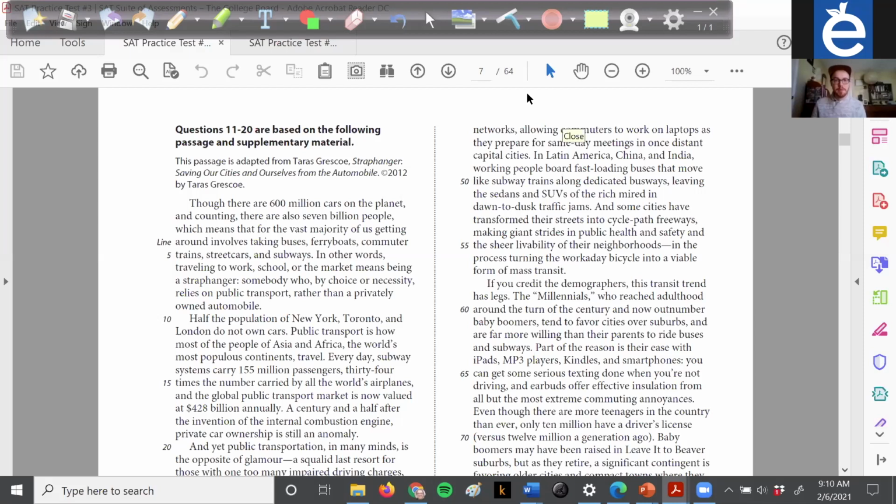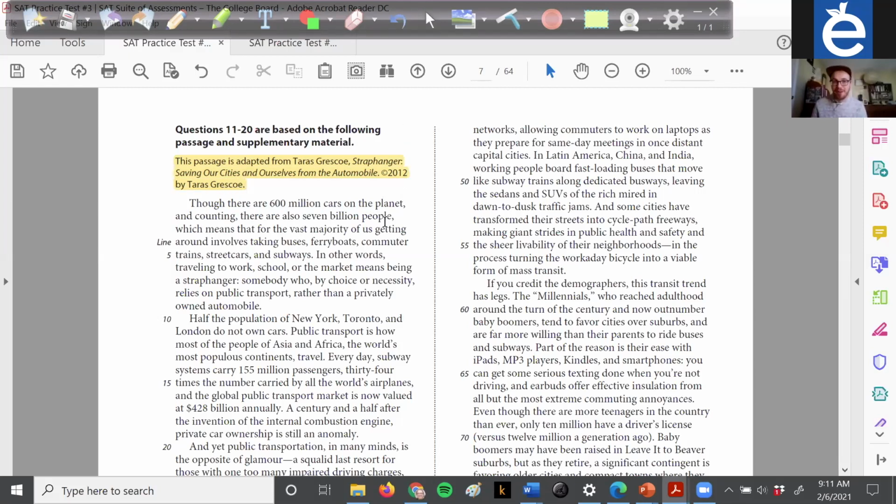So let's go ahead and take a peek. The first thing we want to do is read the blurb. So right up here, this is going to give us some idea of the main idea going forward. And it says this passage is adapted from Taras Gresko, Strap Hanger, Saving Our Cities and Ourselves from the Automobile. And, again, this is a thing that I stress.